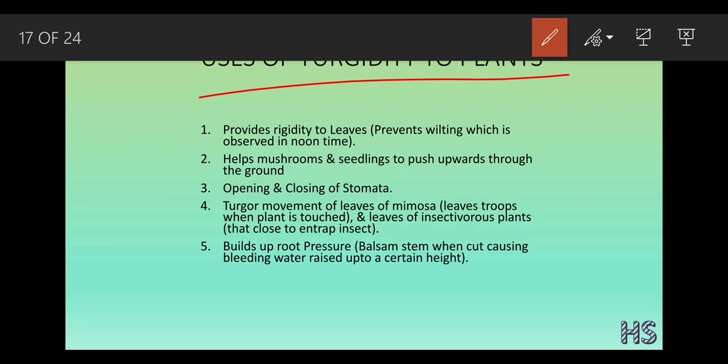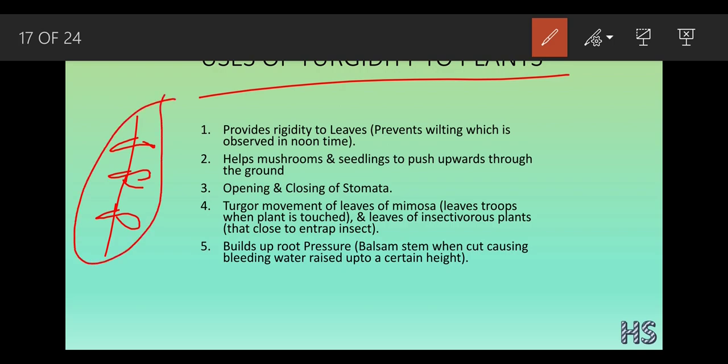Let's take an example to understand in a clearer way. Suppose I bring some coriander leaves. Okay, so you can see these coriander leaves are very much erect because there is a high amount of water inside these coriander leaves.